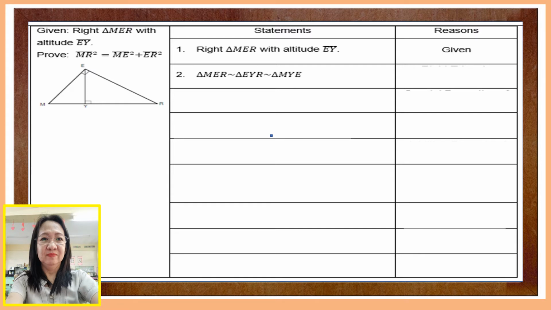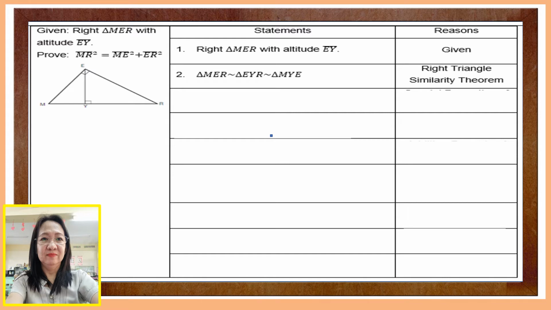Then, we will observe now the similarity between the triangles. So, triangle MER is similar to triangle EYR and is similar to triangle MYE. And this is by the right triangle similarity theorem that we have discussed in our previous lesson.